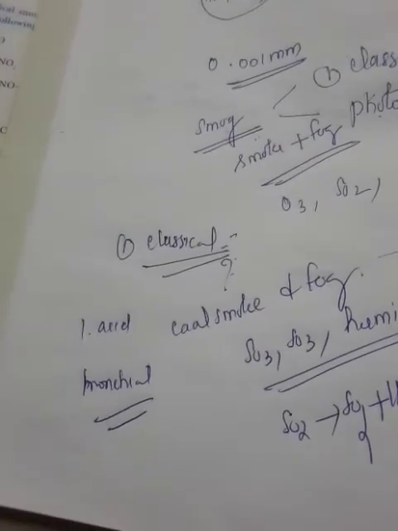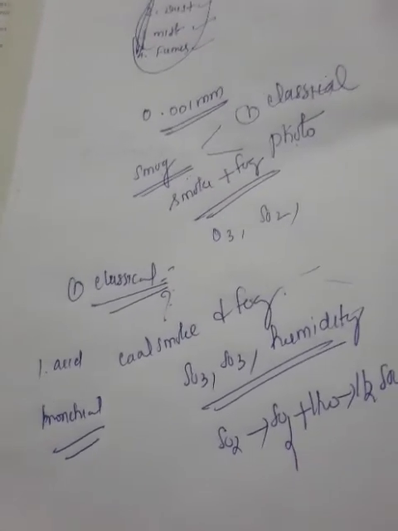Now the next one is photochemical smog or Los Angeles smog. It is called Los Angeles smog because it was first observed in Los Angeles in 1950. It occurs in warm, dry and sunny climate.